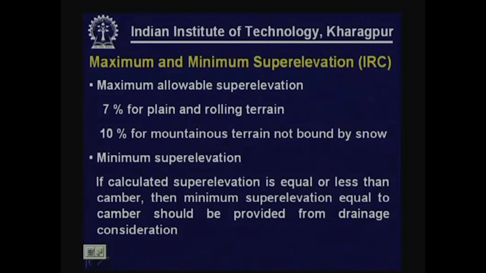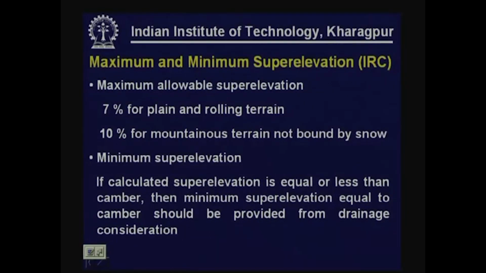As per the recommendations, maximum allowable super elevation is 7% for plain and rolling terrain, and one can also allow super elevation up to 10% for mountainous terrain not bounded by snow.